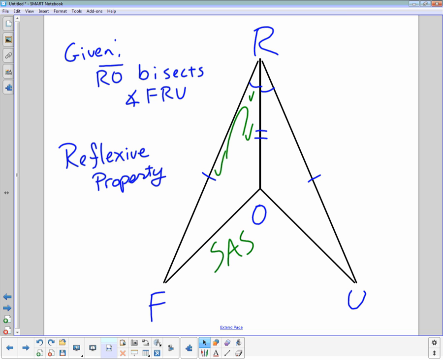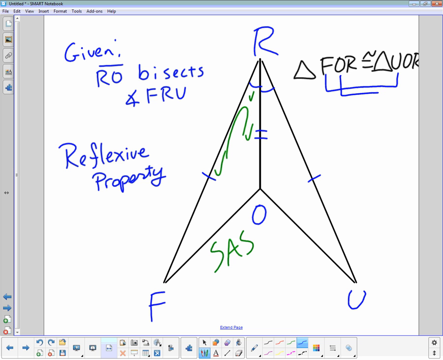Let's all start off with triangle FOR. It is congruent to who? The F corresponds to the U, remember. The O corresponds to the O, the R corresponds to the R. By what method?